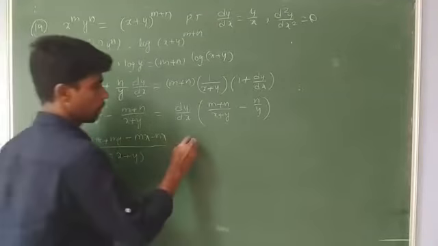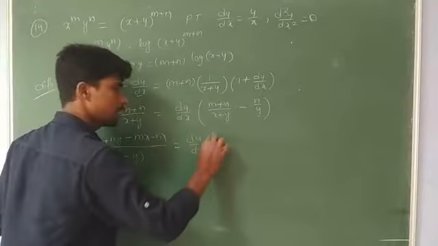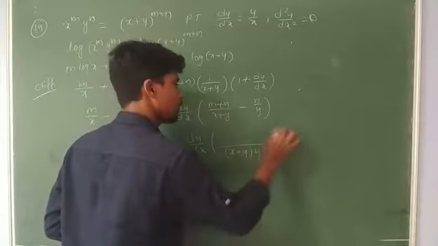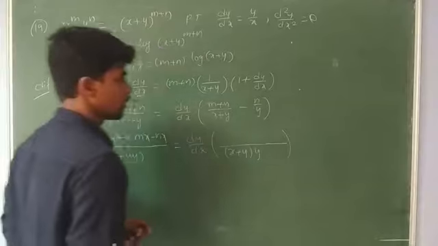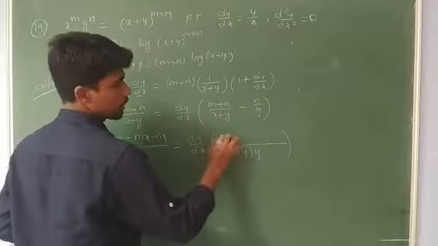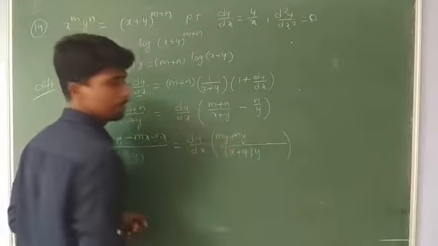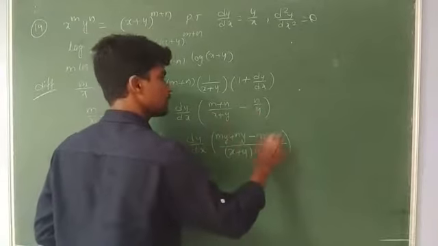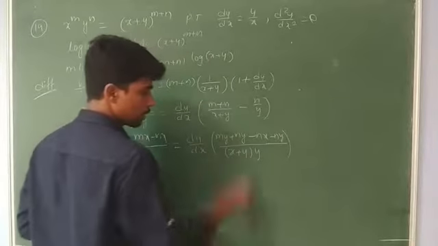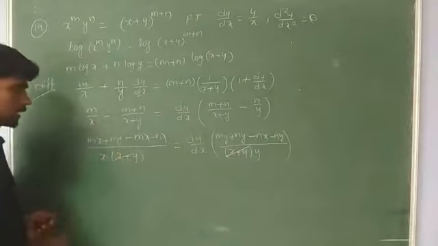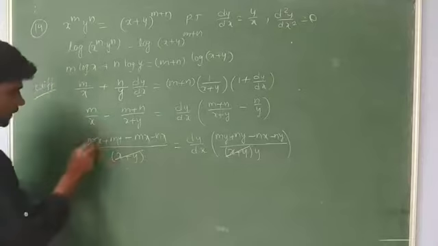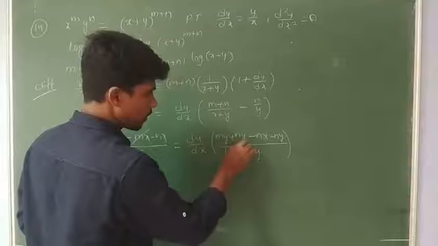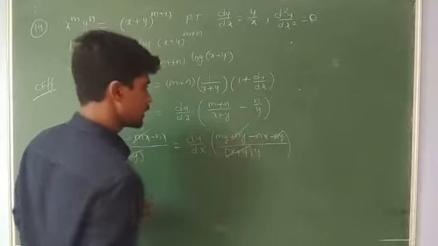is equal to dy by dx into x plus y into y. I am taking LCM. Y into m plus n, which is nothing but my plus ny, minus nx minus ny. Now x plus y gets cancelled, plus mx minus mx gets cancelled, plus ny minus ny gets cancelled.